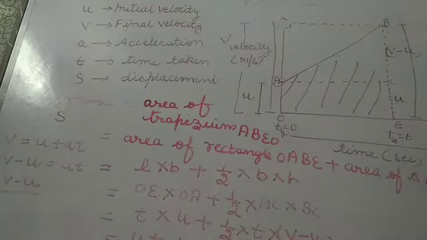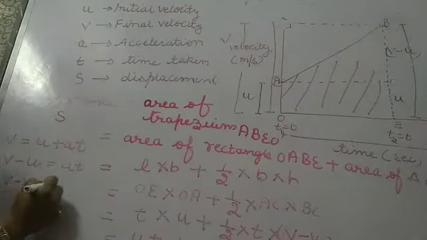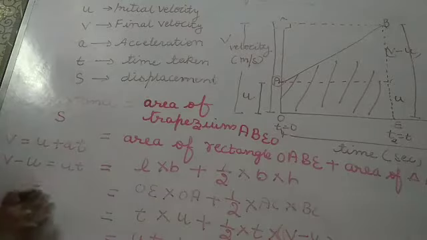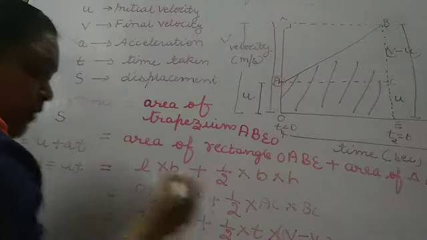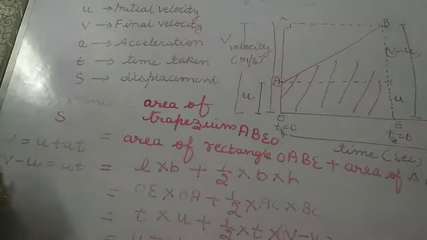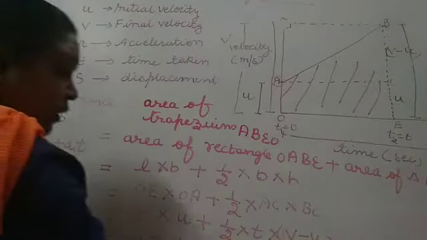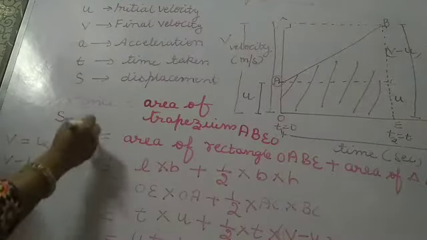So I can easily write here v minus u is equal to at. t I already have here, so in place of v minus u, I will write at. So what will be my equation? Here s is coming.